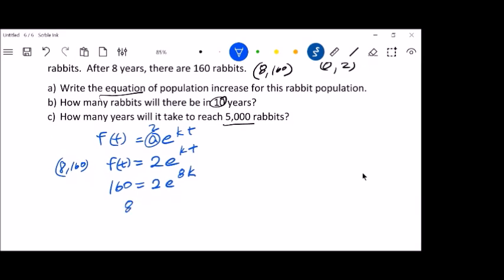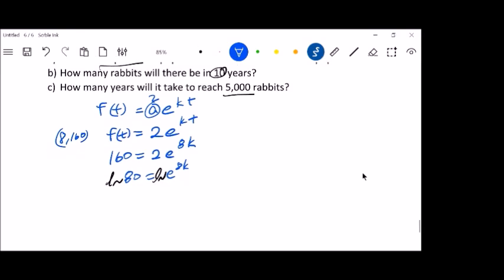And divide by 2, and we have an 80. And do natural log. So we have the natural log of 80 equals 8k, and we'll divide by 8 so that we can find out what the k is.